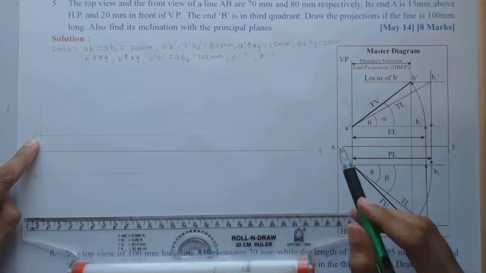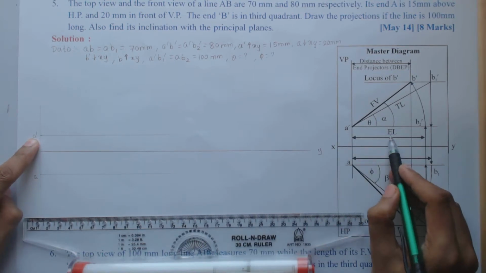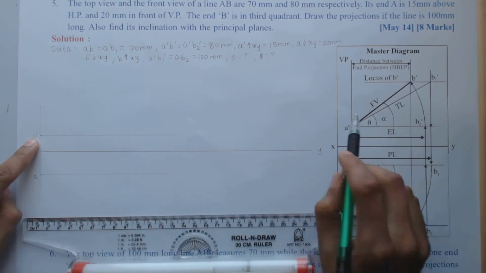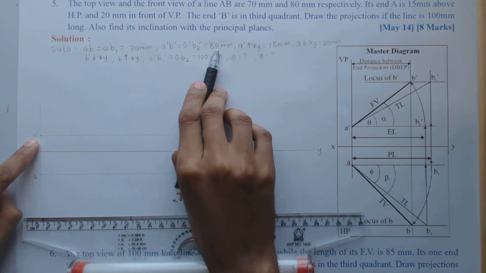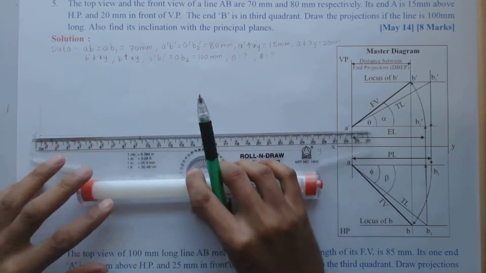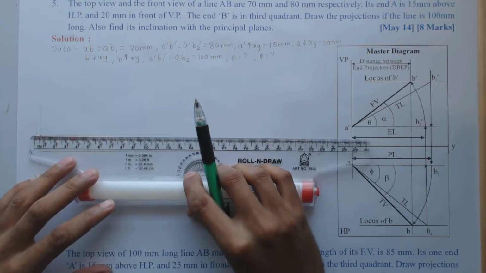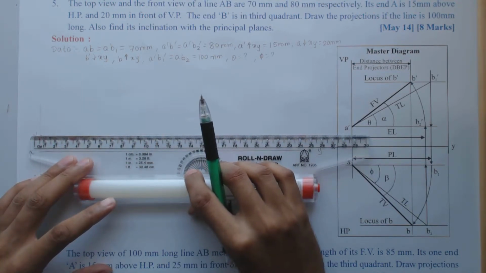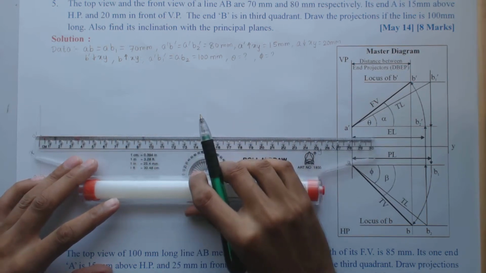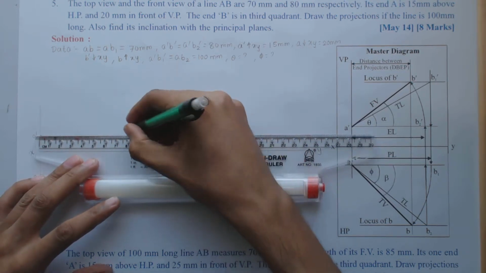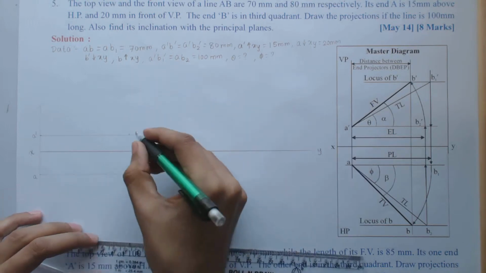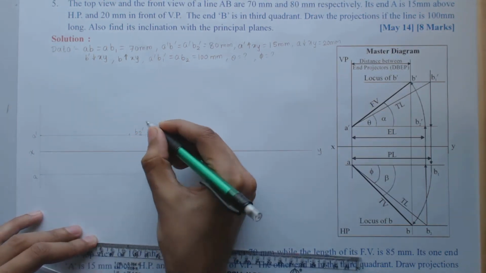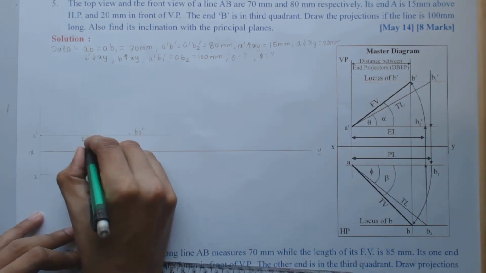Now with A dash I need to mark the elevation length, which is equal to the front view, given as 80 mm for this problem. So I'll mark a length equal to 80 mm from A dash, and this will give me the point B2 dash, comparing with the master diagram. This length is the elevation length.